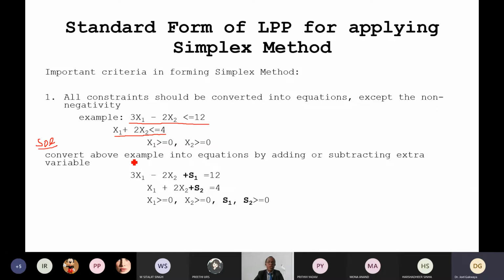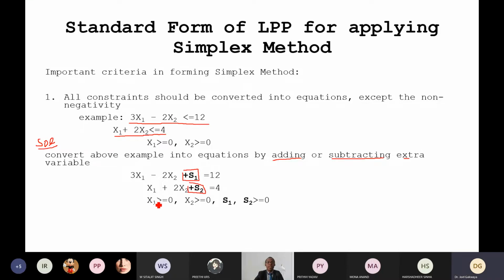Solution: convert the above example into equations by adding or subtracting extra variables. Here we have added plus S1, plus S2.